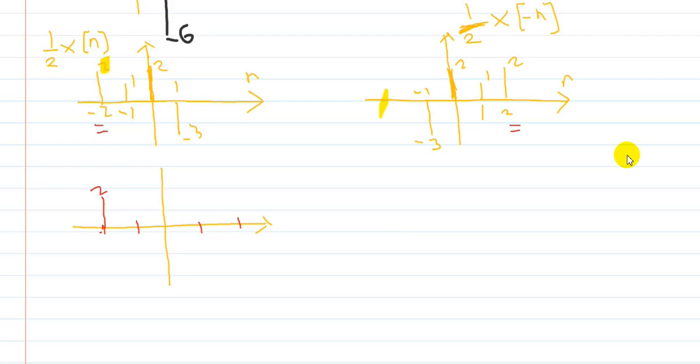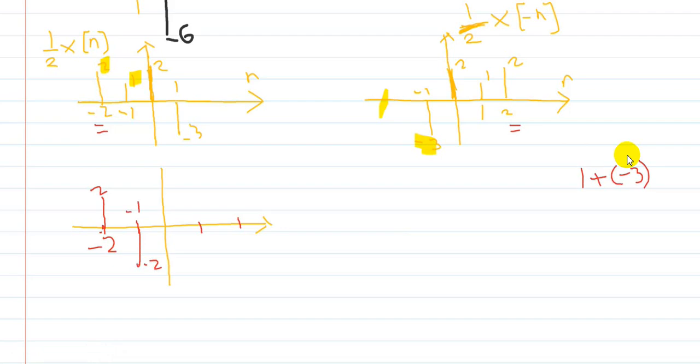So at minus 2 the sample is 2. Now at minus 1 the sample value here is 1, and the sample value here is minus 3. So at minus 1 I will have 1 plus minus 3, which will give me minus 2. So this is minus 2 at minus 1 here.